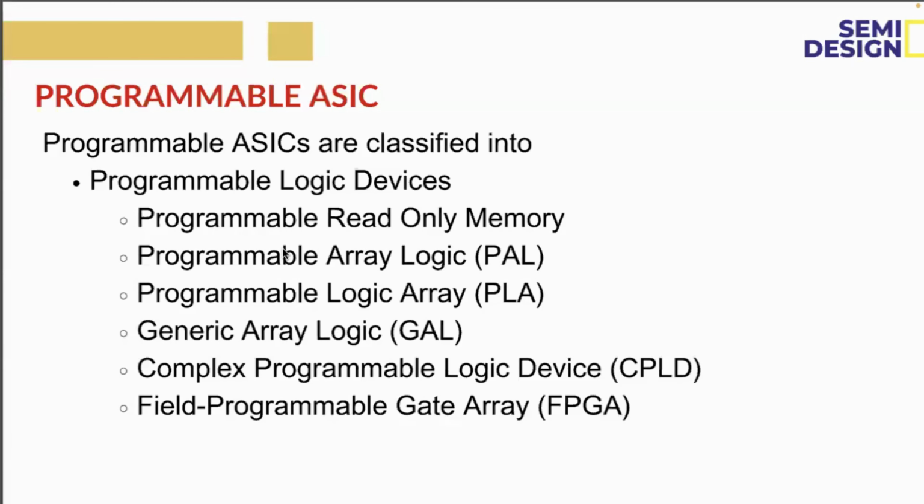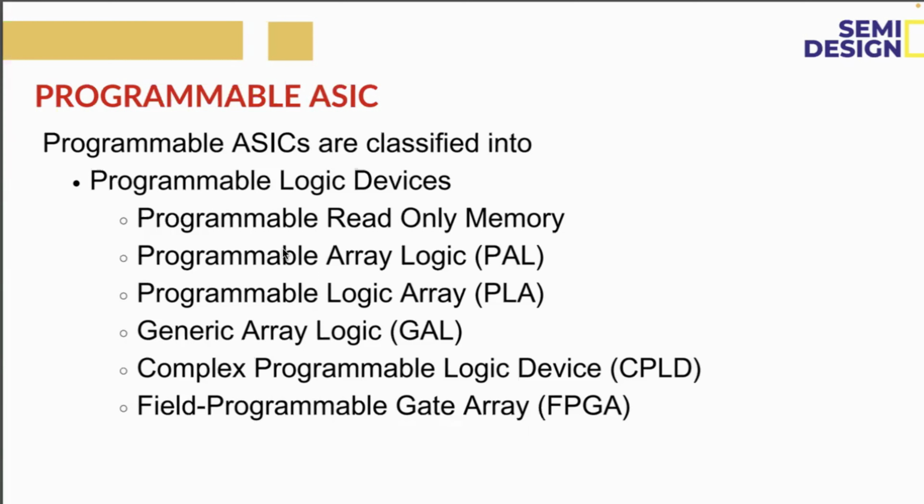But what is the count for PAL or PLA? Just thousands of gates we can integrate using PAL or these different logic devices. But using the FPGA, we can implement up to 8 million gates. It is also faster.